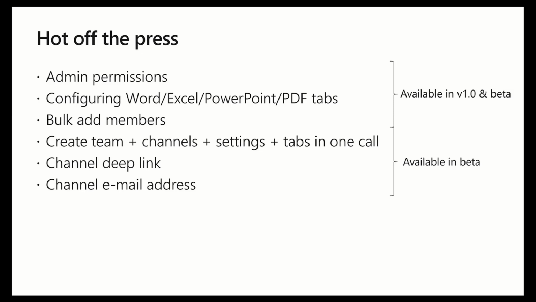And with admin permissions, we have now extended that ability to the Graph, where if your user token is a global admin or a Teams admin, they can now change settings or add members or change channels within a team they are not a member of or an owner of. So they can work with teams that they don't really want to read messages on or clutter up their left rail with.